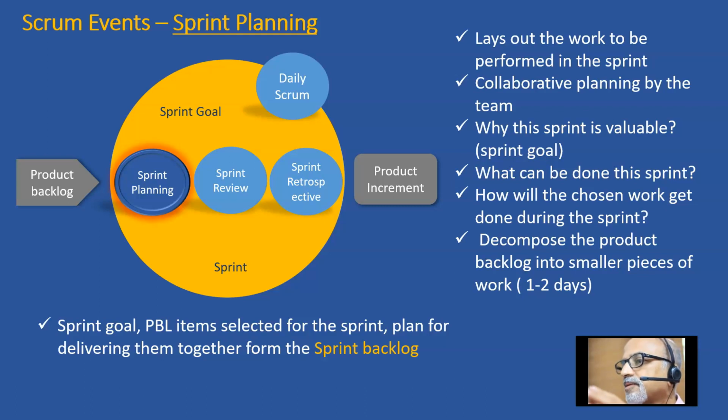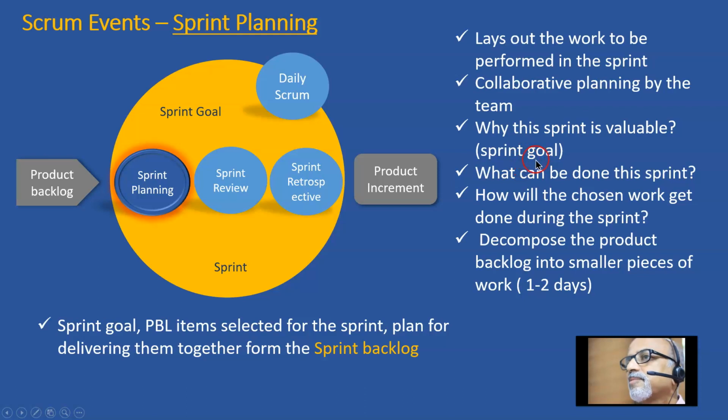For example, within a sprint, if I'm saying let us do all the features pertaining to user management, then at the end of it, I deliver that user management feature. Then the customer gets value out of it. He can start using the user management module. So always we define the sprint goal in such a way that it delivers value to the customer.